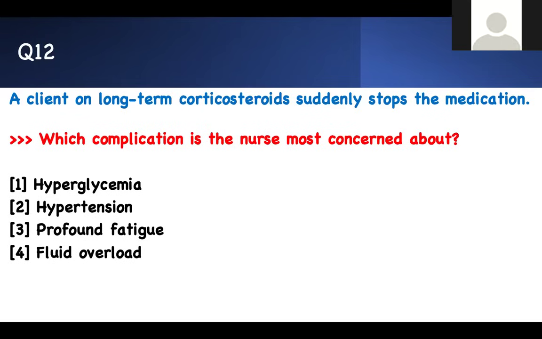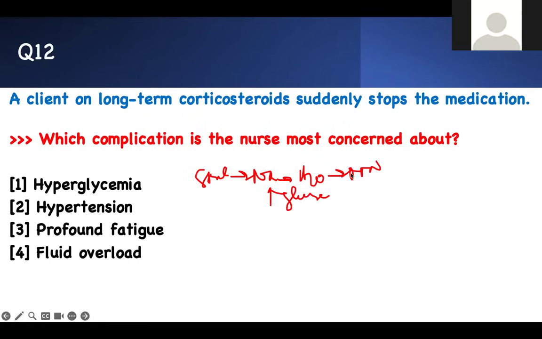Or should they have fluid overload? This is interconnected. Let me give you the pathophysiology. You take your steroid, it helps with your sodium, you hold on to your water, your blood pressure goes up. It increases your glucose, right?